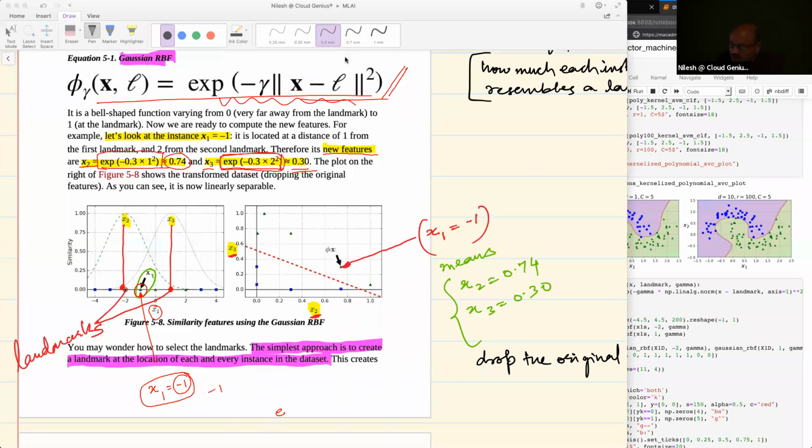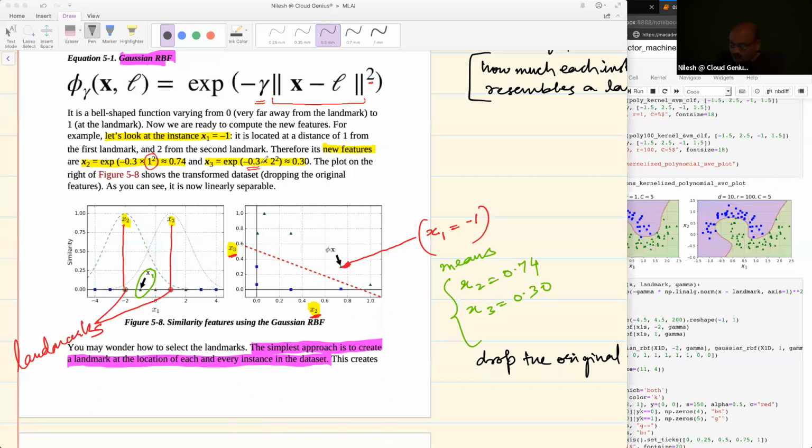So let me illustrate that idea. They're calculating the norm right there. You can see the norm here. So this is your norm calculation. And squaring it, that's this norm squared. And this gamma is a multiplier. They have chosen the gamma value to be 0.3.